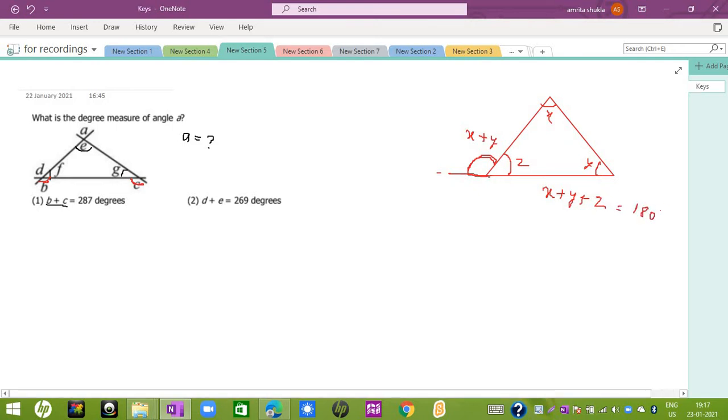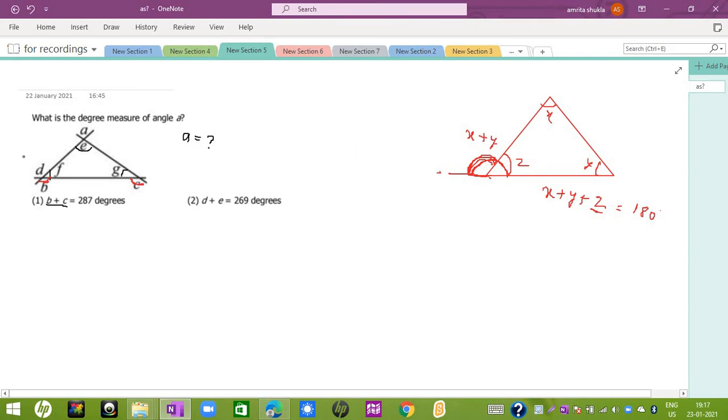When you extend this line, this entire angle is 180 degrees. So if one of the angles is Z, then the other angle has to be the sum of X plus Y. Then only the entire angle will be 180 degrees. Understood? So every time, this extended angle is equal to the sum of the other two angles, not the one it is adjacent to.